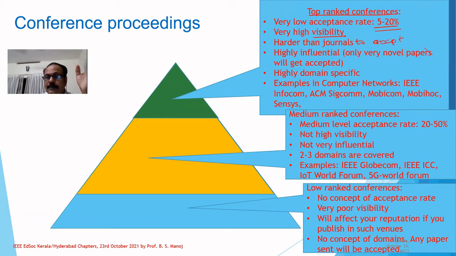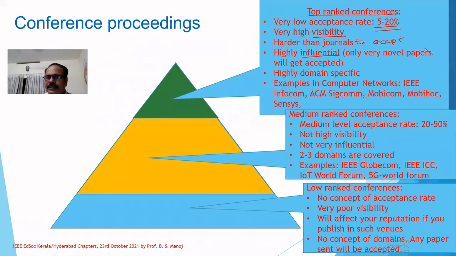In fact, some of the top quality universities like Stanford, MIT, Carnegie Mellon, all issue PhD degrees for students who are published in these conferences without having a requirement to publish in journals. So these conferences are very influential.